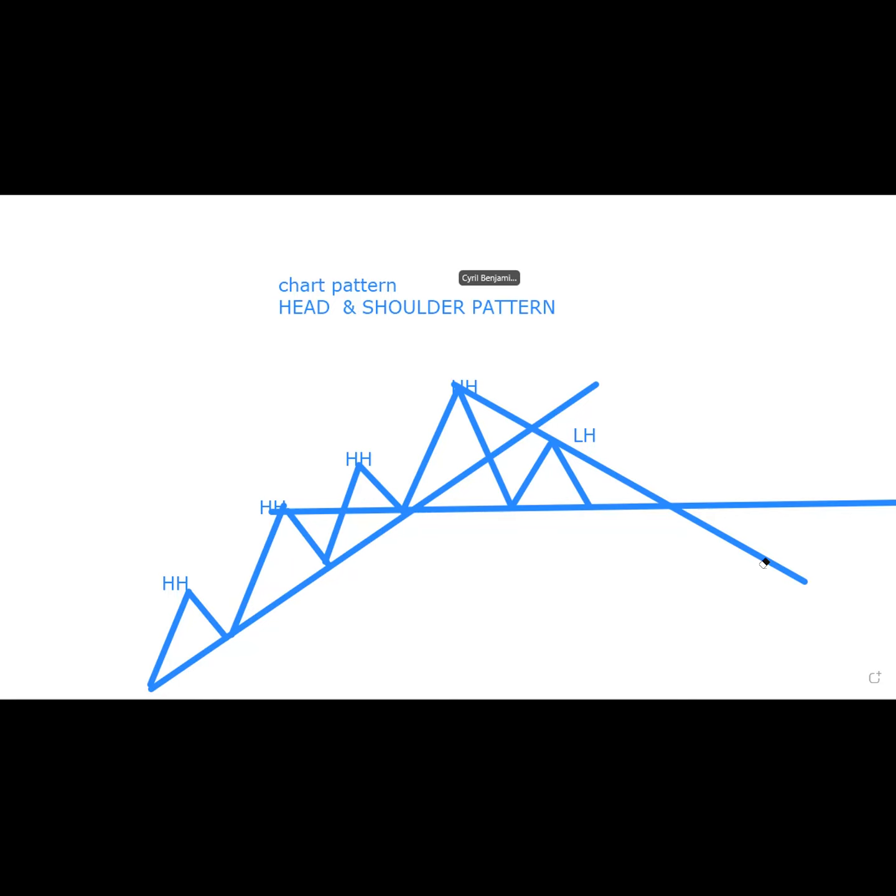Have we written that? Yes, ma'am. Note, this will always increase your reward to risk, meaning you make more than what you're risking, or it can give you a good risk to reward ratio.